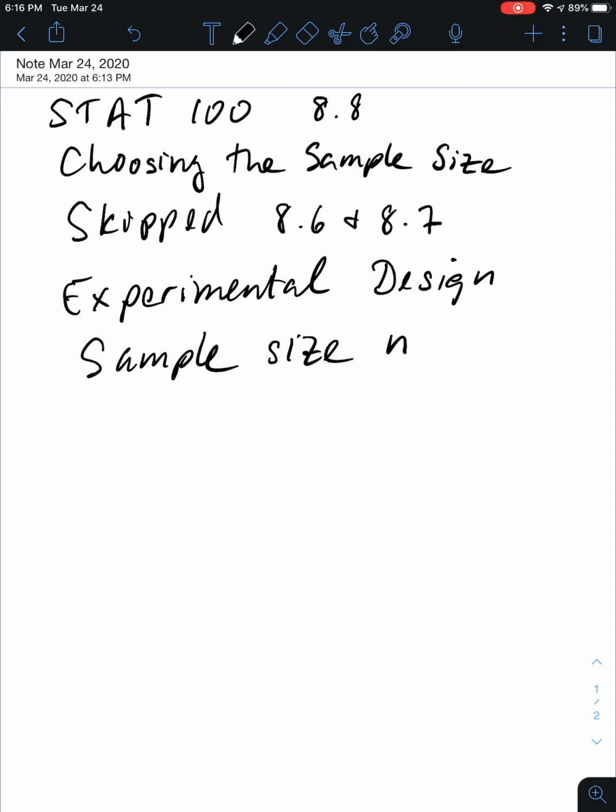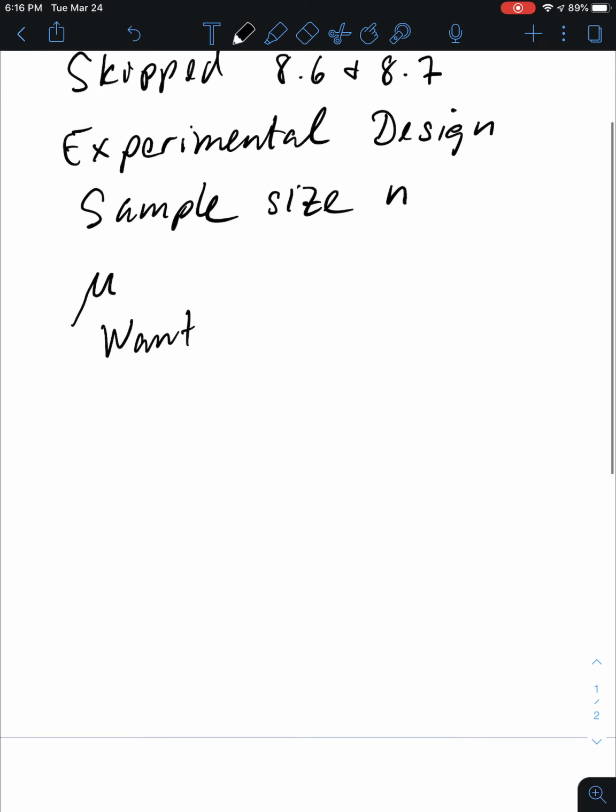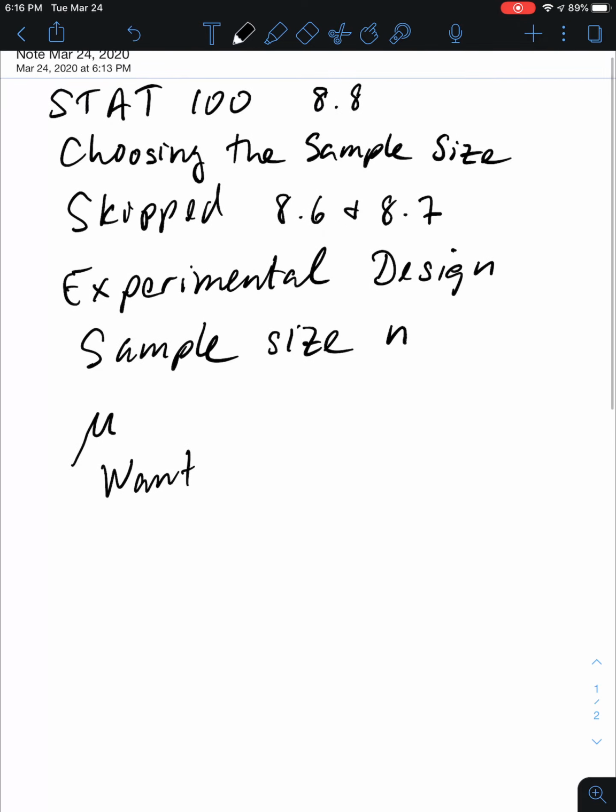So we want to estimate the average daily yield of a chemical process. This is kind of an engineering example, and since it's a measurement that we're taking, mu is the quantity of interest to us, and we want the margin of error in our confidence interval for mu to be less than 4 tons.